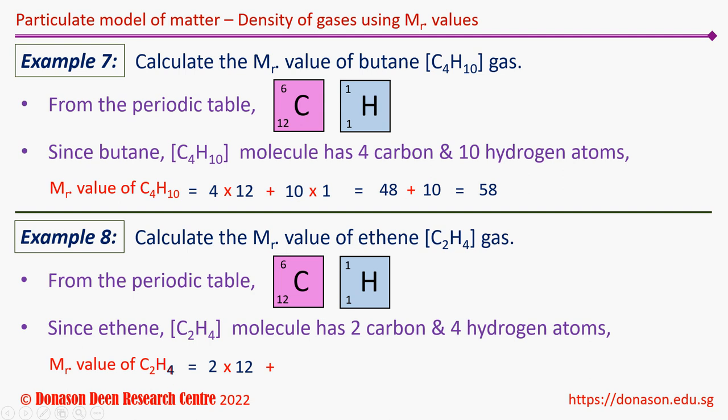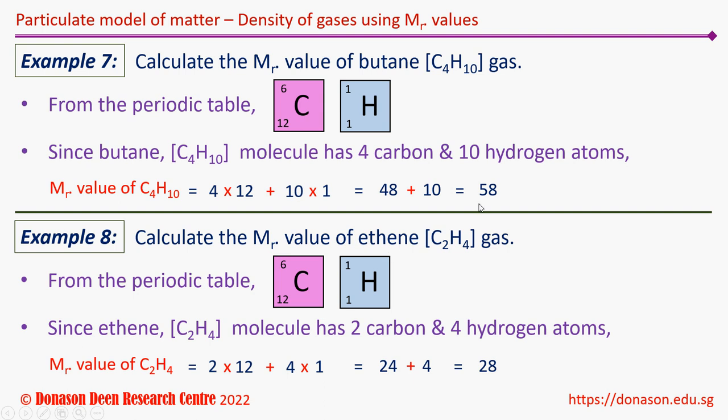So we take the 4 and multiply that by the relative atomic mass of hydrogen, that's 1. So due to the carbon it would be 2 times 12, which is 24, plus due to the hydrogen 4 times 1, which equals 4. If we add 24 and 4 together, that gives us the Mr value of 28 for ethene gas.